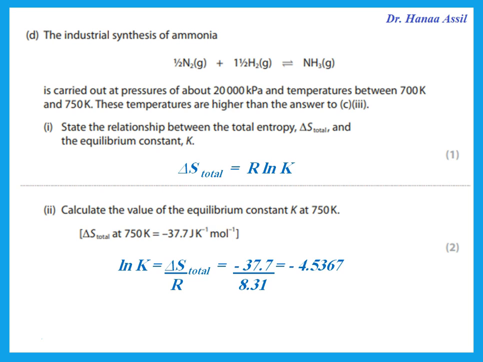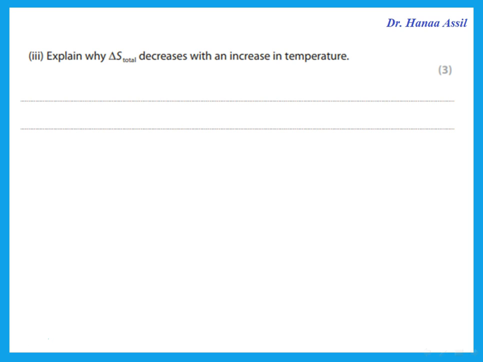We have already gotten delta S total. We can put it into this equation in order to get the natural log of K, and then the inverse of that will give you the value for K. So remember that this is the relationship between delta S total and the equilibrium constant.